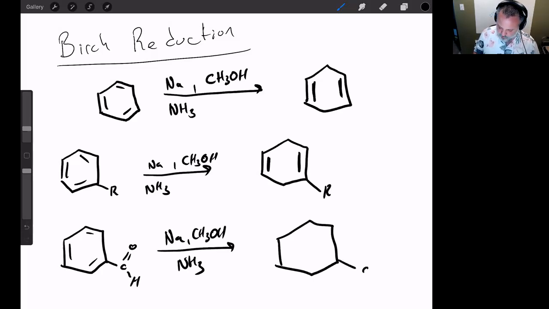When I have the electron donating group, the position next to the electron donating group is not reduced.